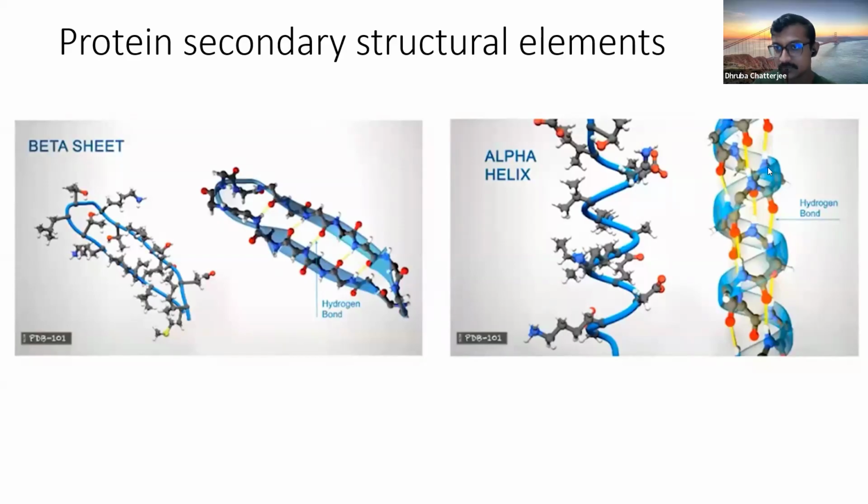Those amino acid compositions which enable a particular pattern of hydrogen bonding, the N to N plus 4 hydrogen bonding. That is, hydrogen bonding happening between one particular amino acid and the amino acid which is 4 amino acid residues later than that. So N to N plus 4 hydrogen bonding is the formation of alpha helices.